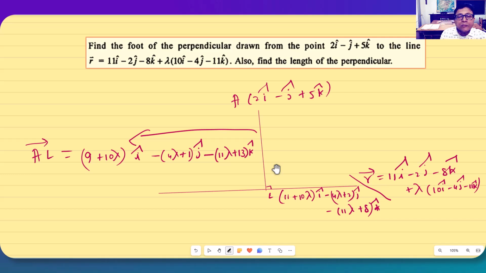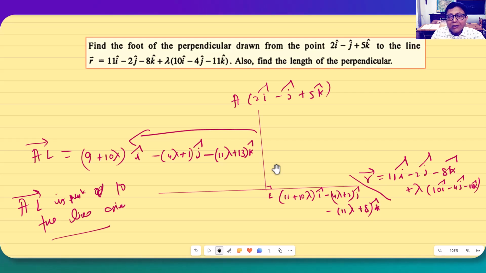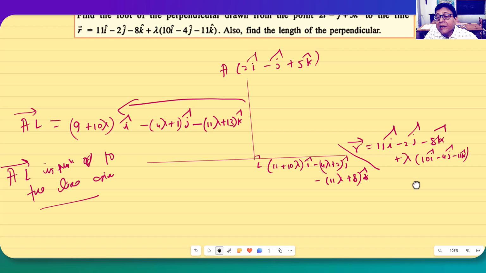Okay. Now AL is perpendicular to the line given. So the condition is what? The line is directed along this vector. I mean, you can identify the vector B over there for the line.